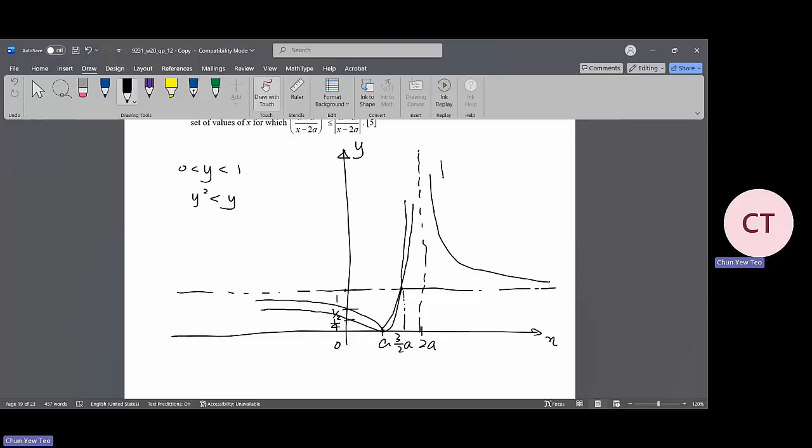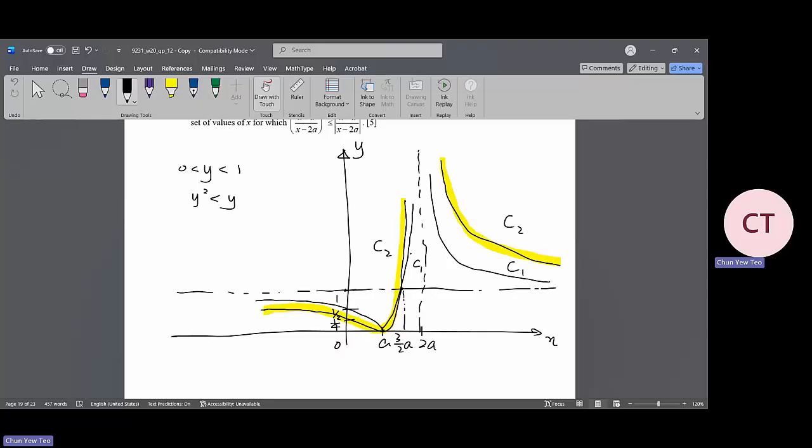And this is the C2 over here. Okay, so you can see that this C2 will look like this. Then your C1, this is C2. That is your C1. Okay, so this is your C1, this is your C2. So this is the graph for the y square and the modulus y.